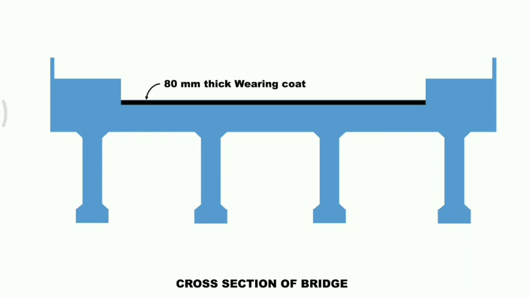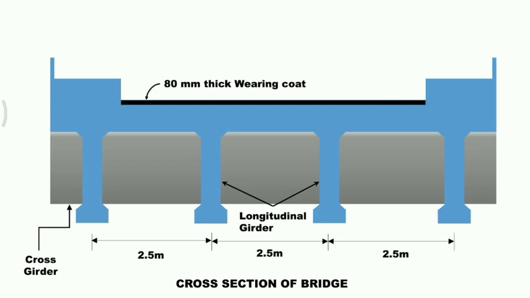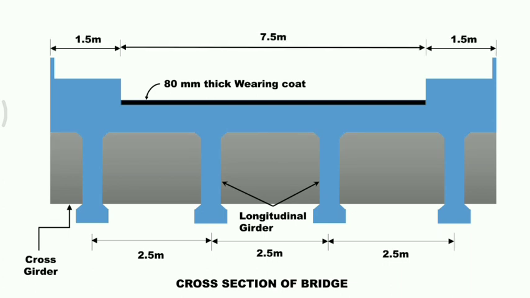This is the cross section of the bridge. Center to center distance between the longitudinal girders is 2.5 meter. These are the longitudinal girders. This is the cross girder. Width of the roadway is 7.5 meter with 1.5 meter footpath on either side.